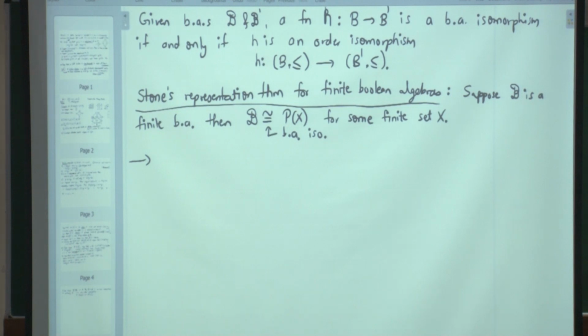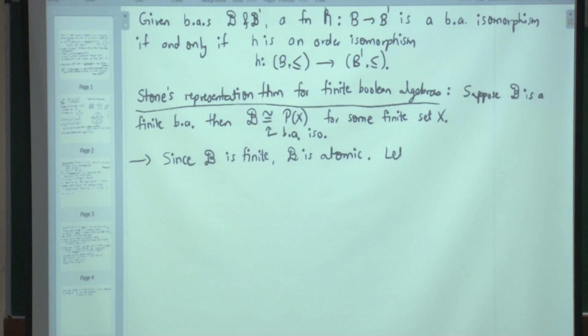Okay, so first thing, since B is finite, B is atomic. We argued that every non-zero element has an atom below it, correct? So since B is finite, B is atomic.